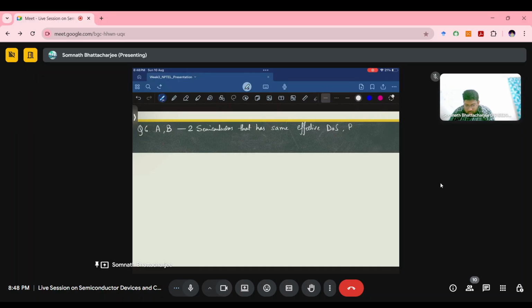And both at the conduction band and valence band edges.